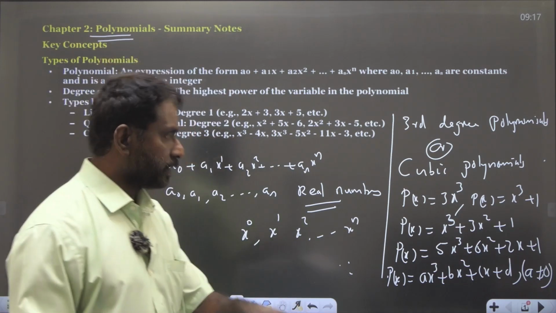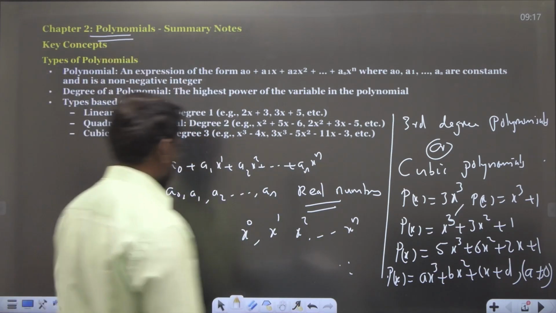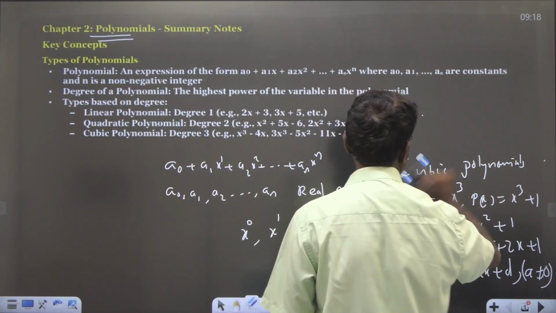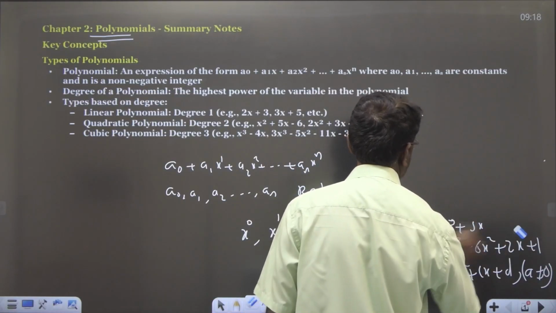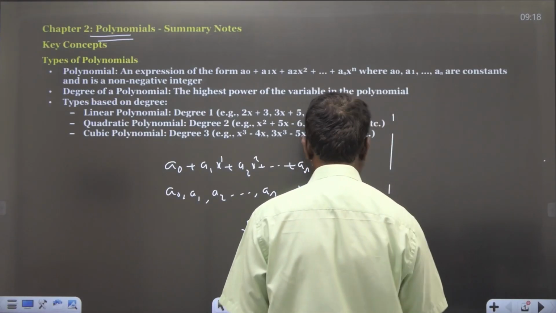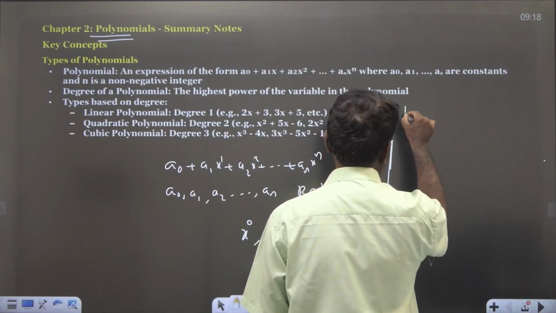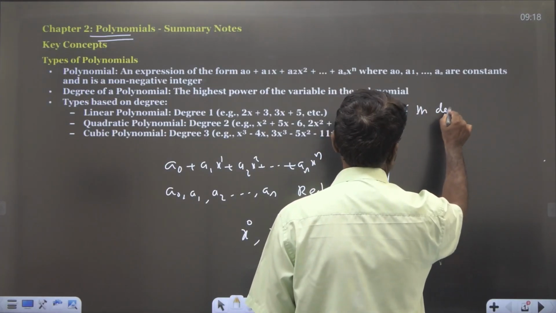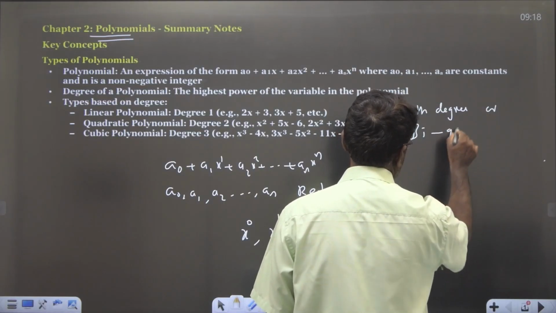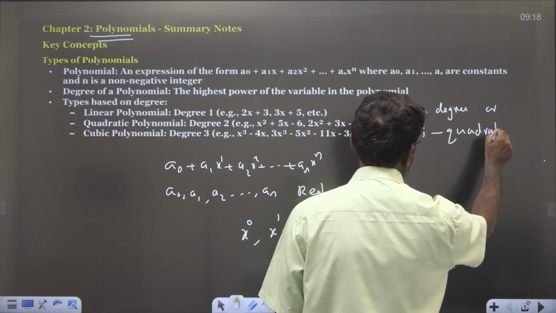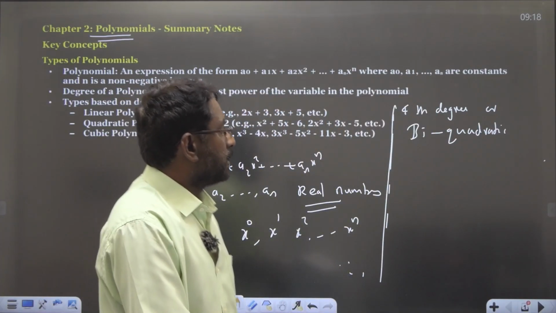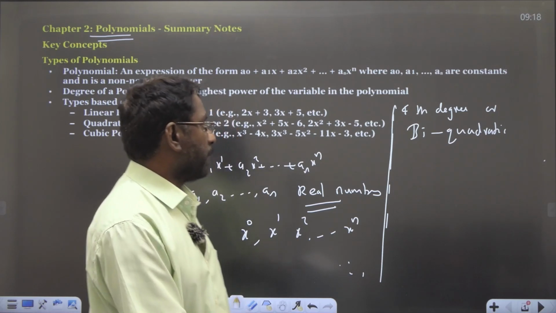Similarly, what is a fourth degree polynomial? Fourth degree polynomials are also called biquadratic polynomials.